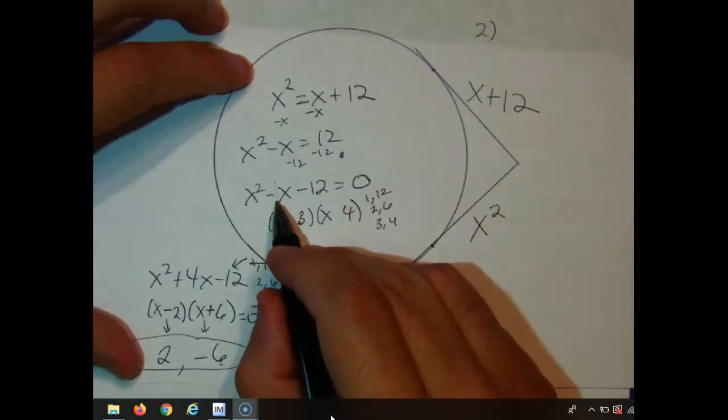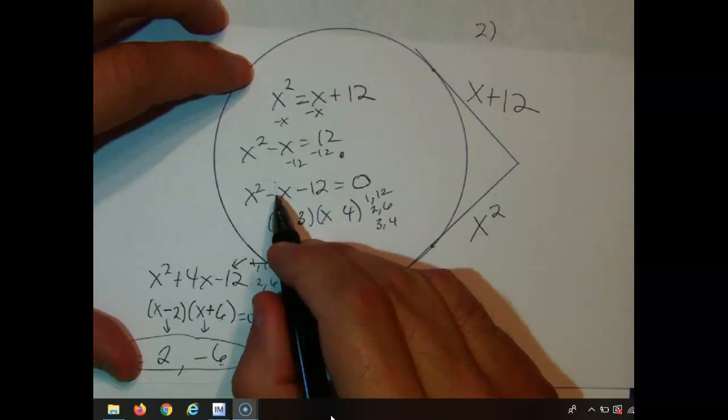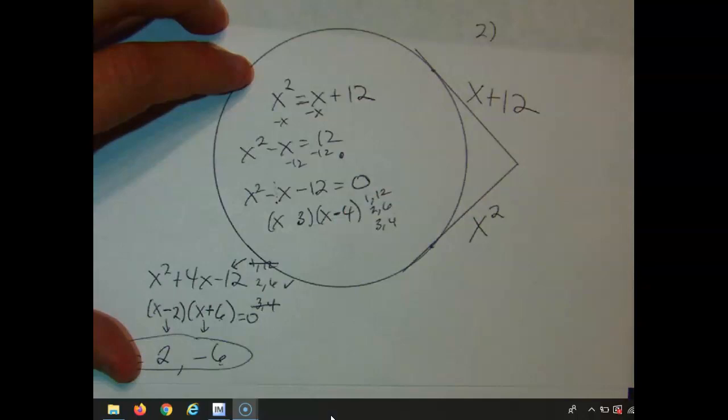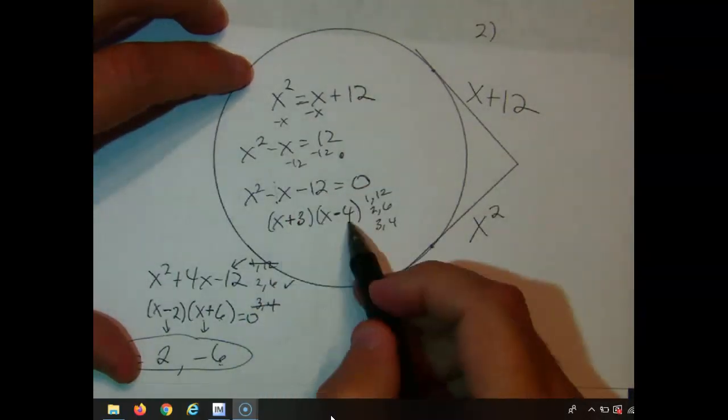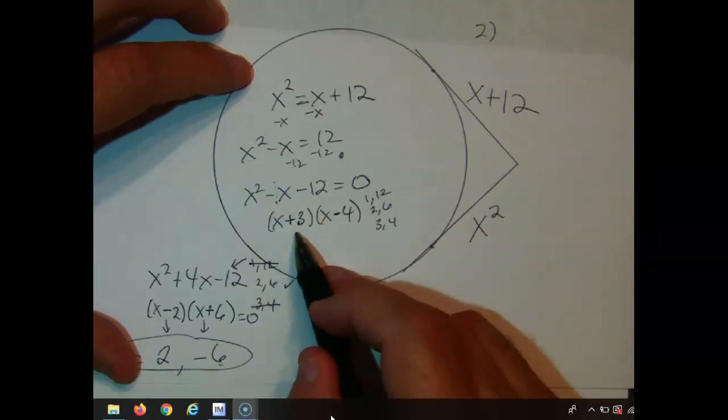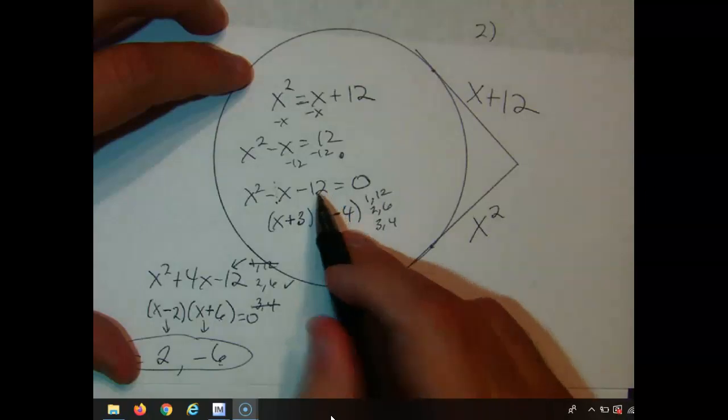Well, since I have a negative 1, that means the larger number needs to be negative. So I'll put a negative here and a positive here. This gives us negative 4, positive 3, which is negative 1. 3 times negative 4 is negative 12.